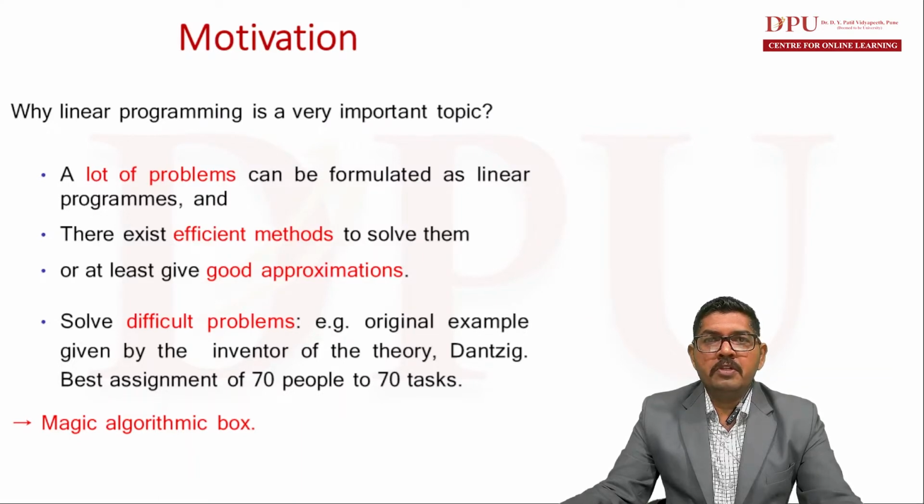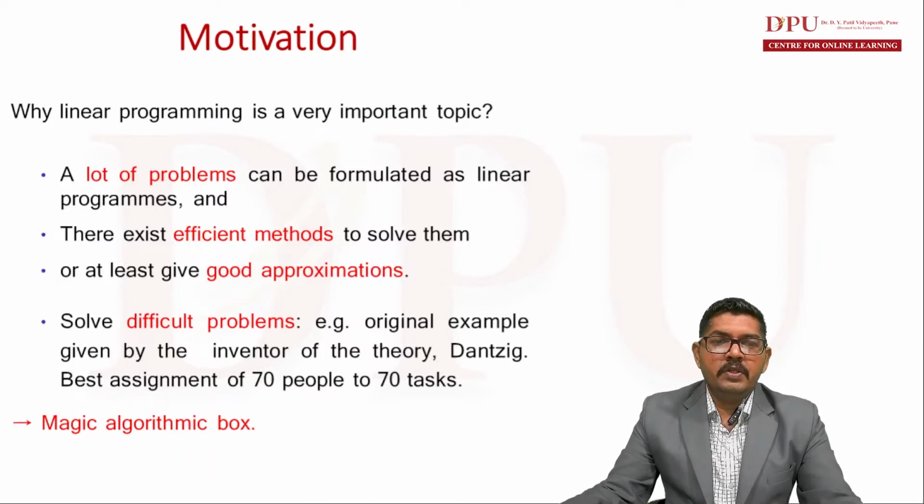So if the optimal, efficient solution is not there, linear programming is a very handy tool to arrive at a good approximation to the optimal solution. Solve difficult problems. So we can solve different types of problems by using the LPP, that is, linear programming problem.